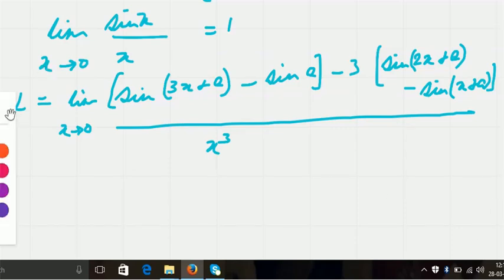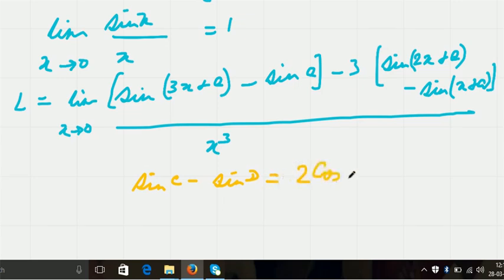Sine c minus sine d is equal to 2 cos((c + d)/2) sine((c - d)/2).